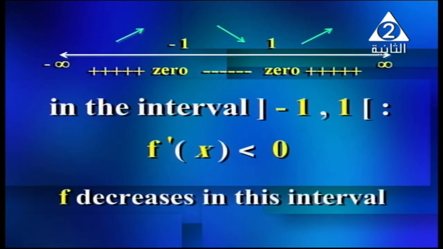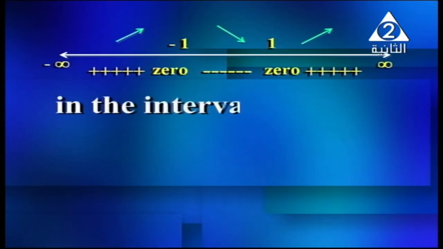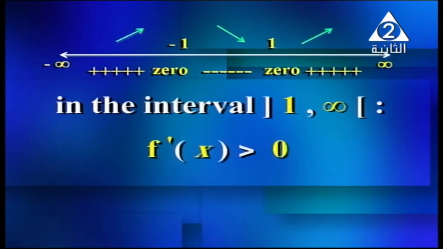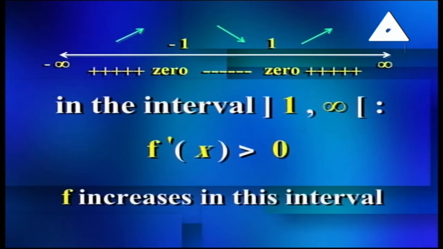Then the function is decreasing in this interval. In the third interval, open (1, ∞), we choose a number belonging to the open interval (1, ∞) as 2 or 3 or any number. Find f' of this number. We find f' of this number is positive, more than 0. Then the function is increasing in this interval.